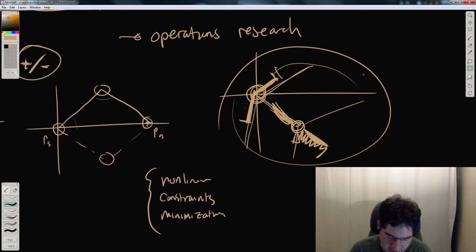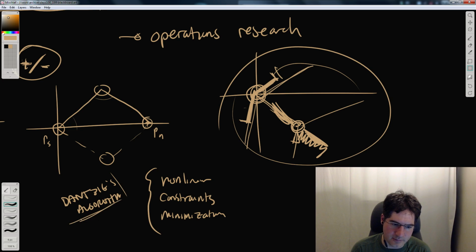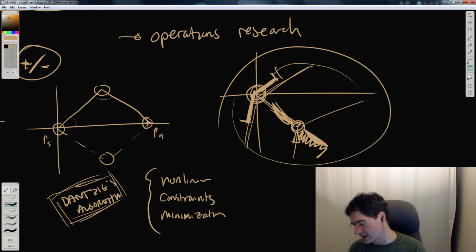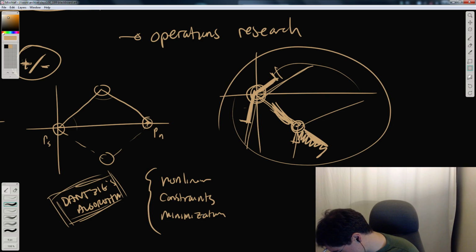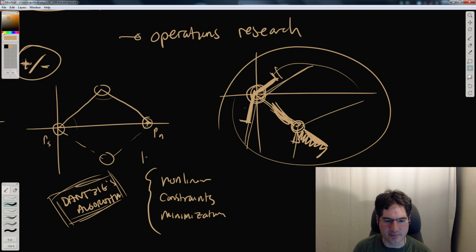It's not, so there's a special case of it called Dantzig's algorithm. That's not the one that I mean. This is a special one that has constraints, that has additional qualifications to it. It's called a linear complementarity problem.